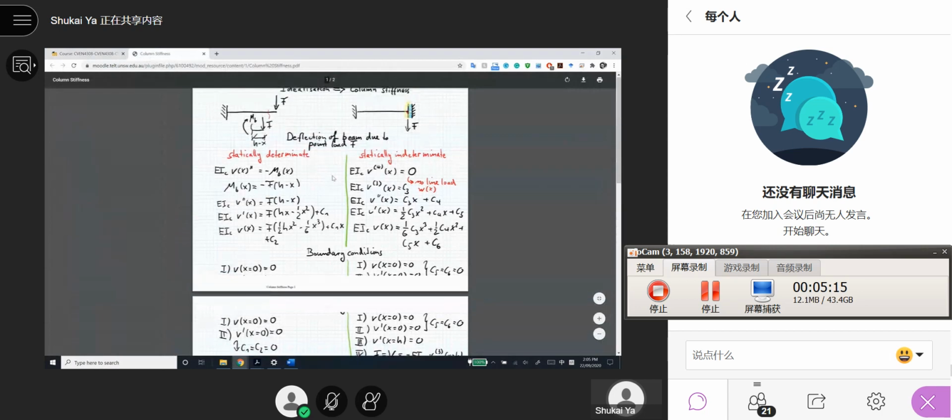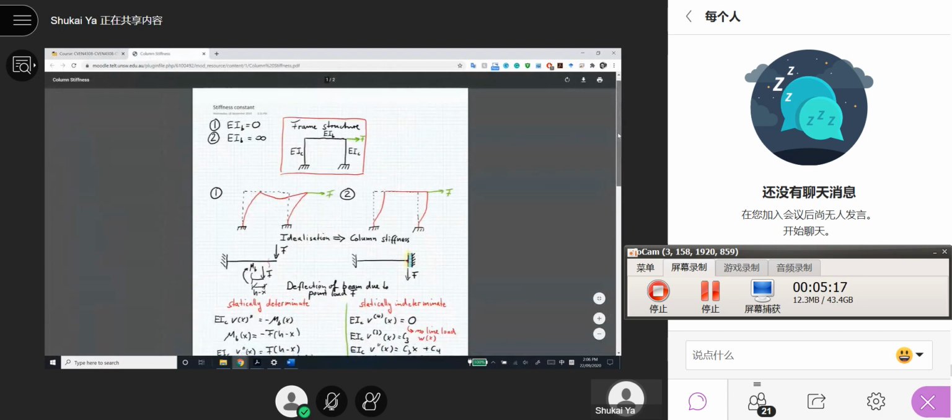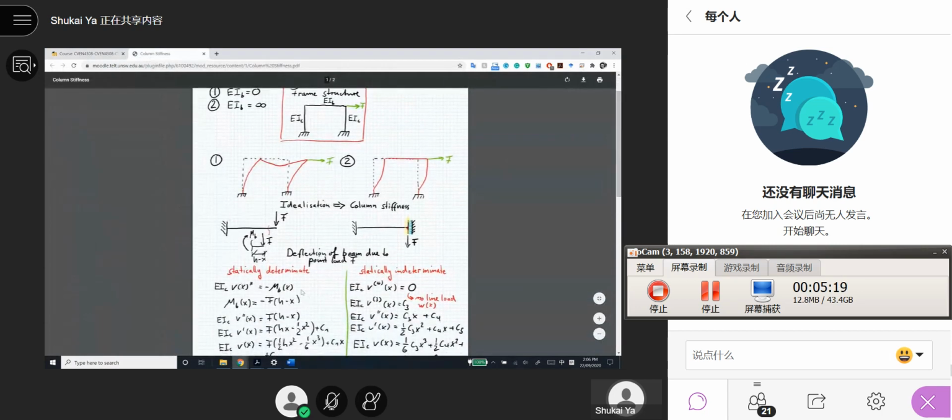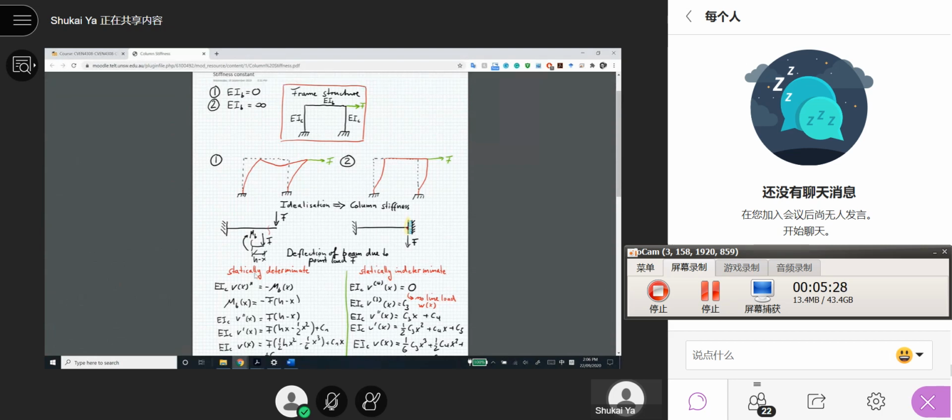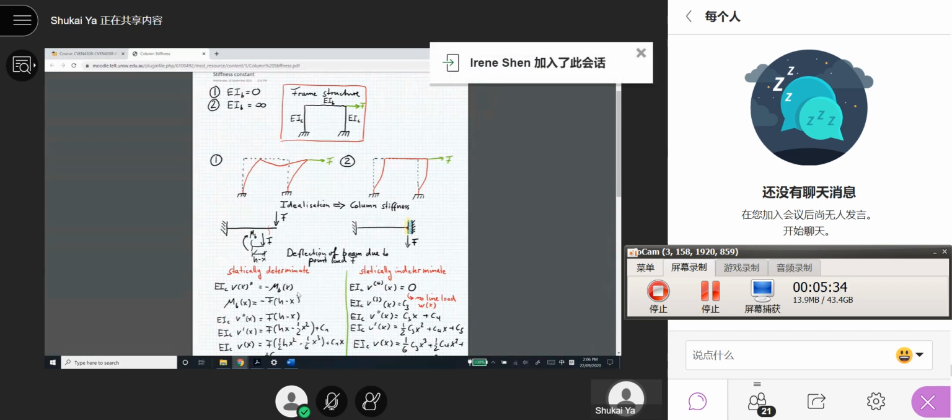It distinguishes between statically determinate structure and statically indeterminate structure. If it's a statically determinate structure, for sure we can get the bending moment for the whole structure, which is Mbx.